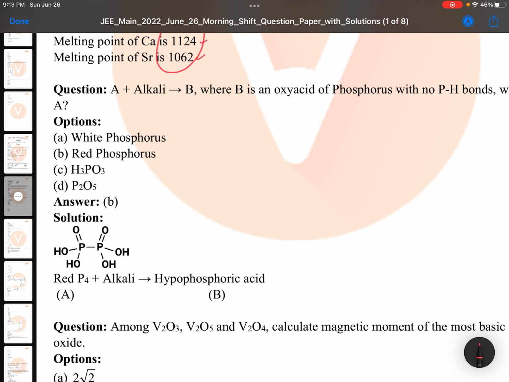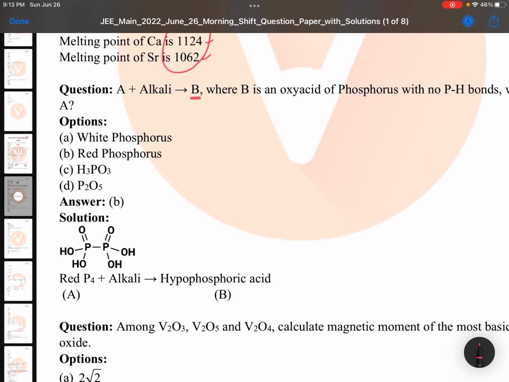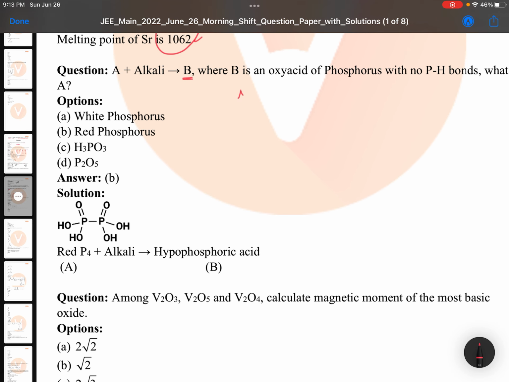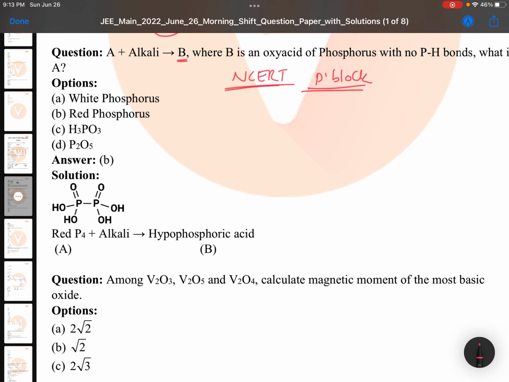P plus alkali gives rise to B, where B is an oxyacid of phosphorus with no P-H bonds. This is from NCERT P block, second year, class 12. There is a nitrogen and phosphorus oxyacid table, from that it is taken. The logic is very simple.